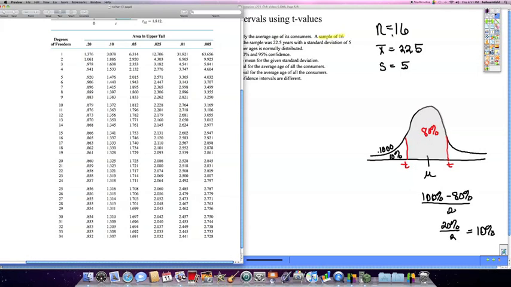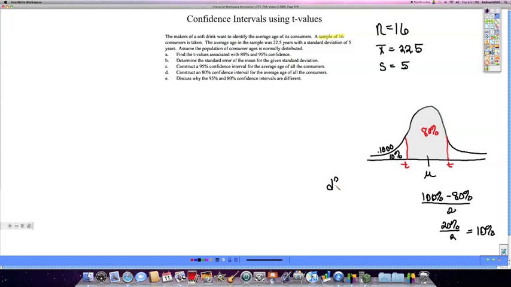Whenever we are doing t-scores, we work with degrees of freedom, and the degrees of freedom is always equal to the sample size minus 1. So in this case, since our sample size is 16, it's 16 minus 1, so the degrees of freedom is 15.